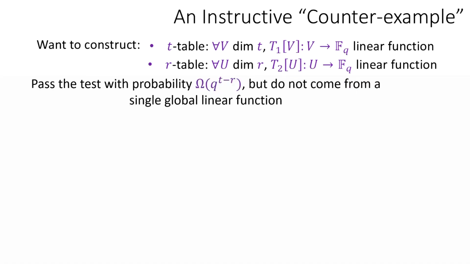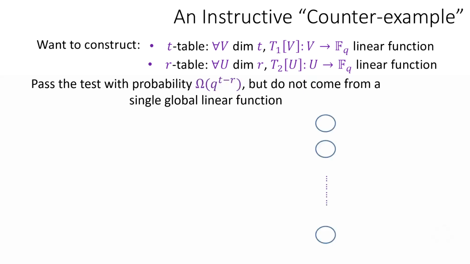But it's a bit hard to see at first sight. So we want to construct two tables, T1 and T2, that have nothing to do with an actual code word, but at the same time, they pass the test with probability Q to the T minus R.